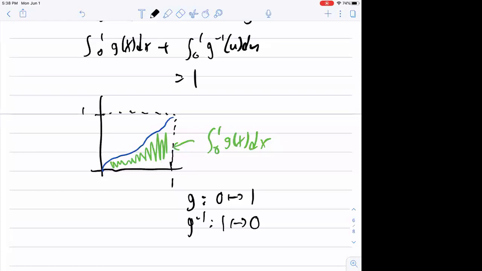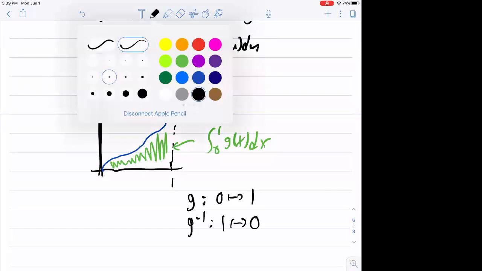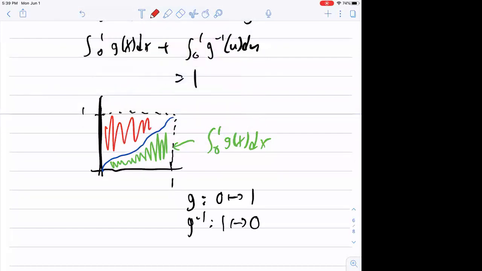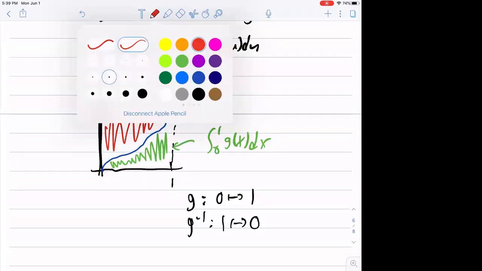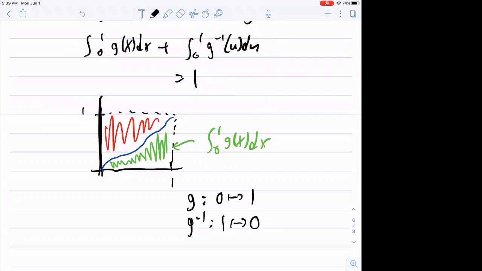If you tilt your head, so your y-axis is now the x-axis and the other one is your y-axis, you're going to get the area under the curve like this part. Hopefully you can convince yourself of that, because you're swapping x and y.